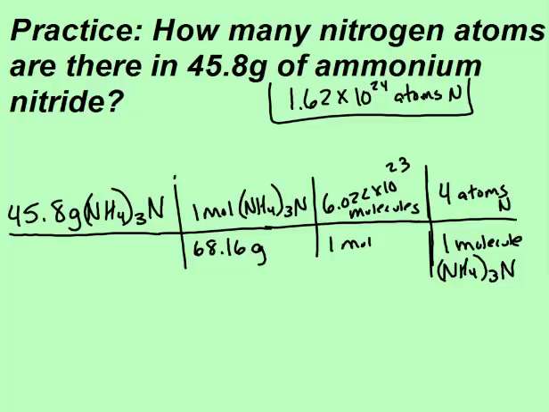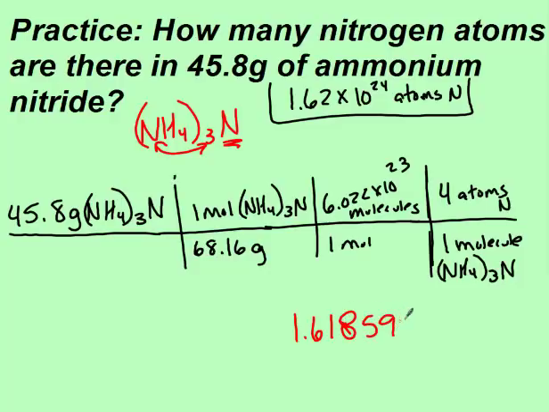This one was a little tricky because we have 3 nitrogens here plus another one there. So that was 4 atoms altogether. In the calculator, you should have gotten this number. Since we wanted 3 sig figs, that 8 rounded that 1 up, and that's why it's 1.62.